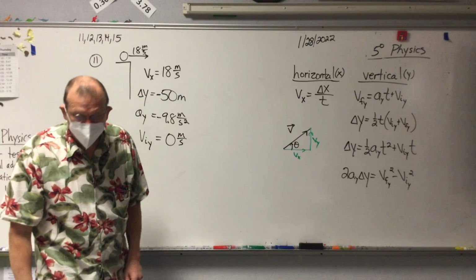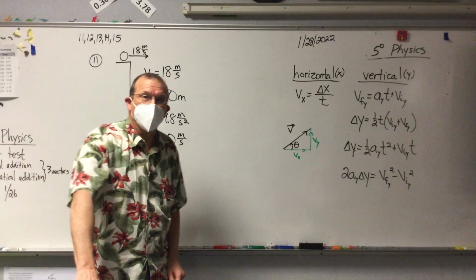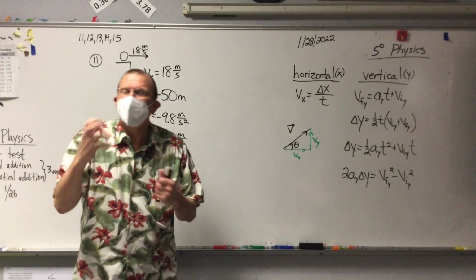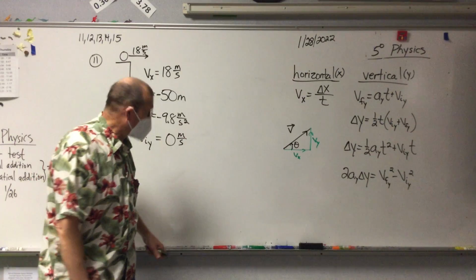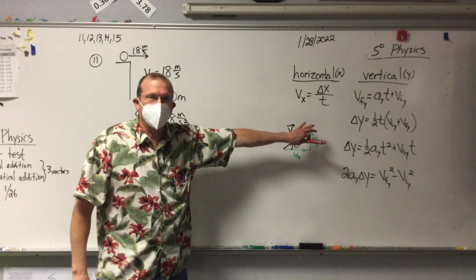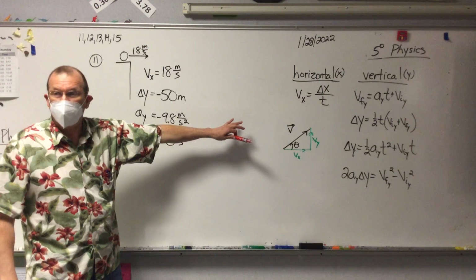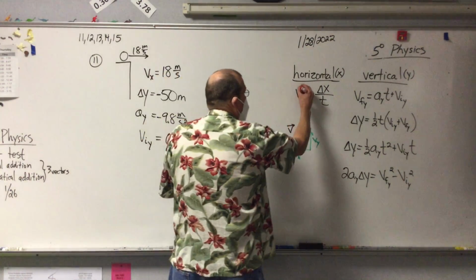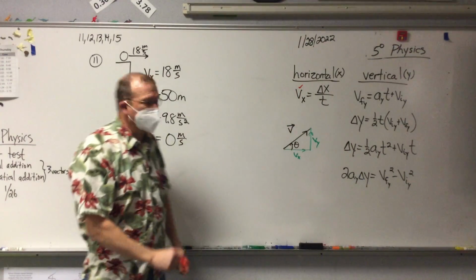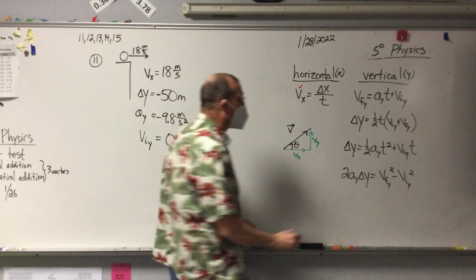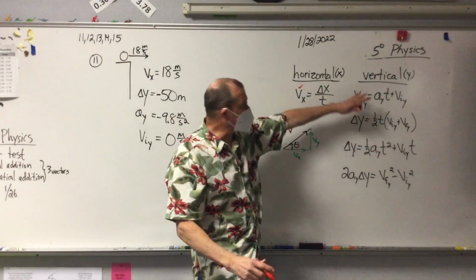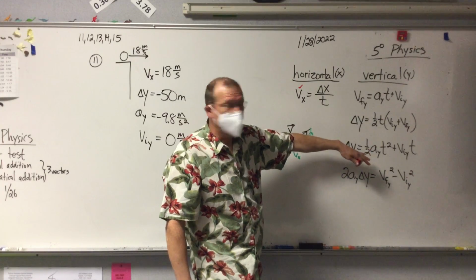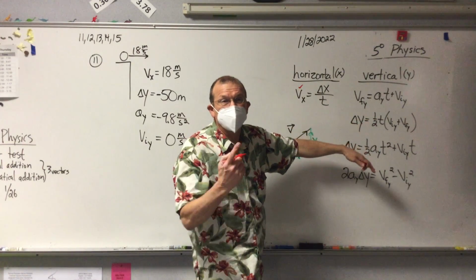Now, this is where I don't even want to look at the problem. Some people like to look at the problem and figure out what you're supposed to find. I like to go over here and say, all right, what can we do? I have a Vx, so I'm going to put a little check mark there. I have a delta y. Granted, you are probably not going to use all of these in every problem. You'll probably just use one.